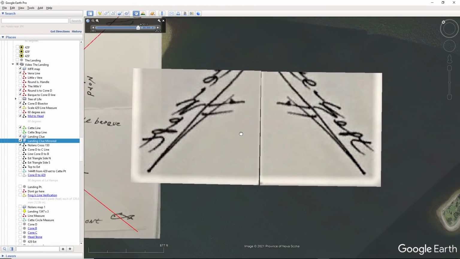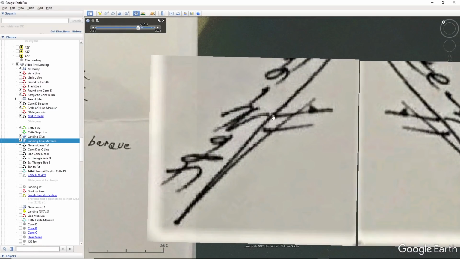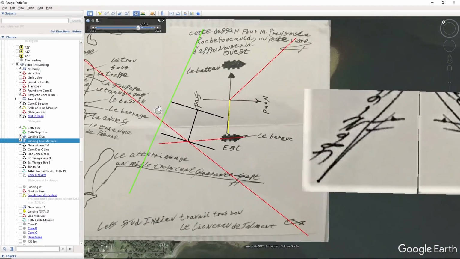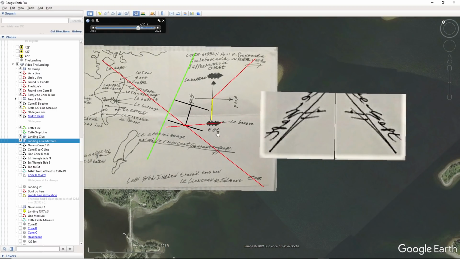And if we mirror it, we can see that this line here is denoted by the set line, and that it is coming to an endpoint, which is here with the parallel line. Now this ends up being cone C on Nolan's cross, which is the one that's out in the water.